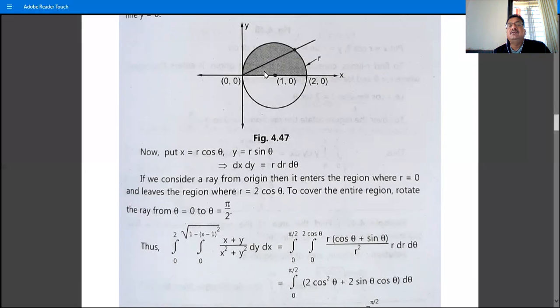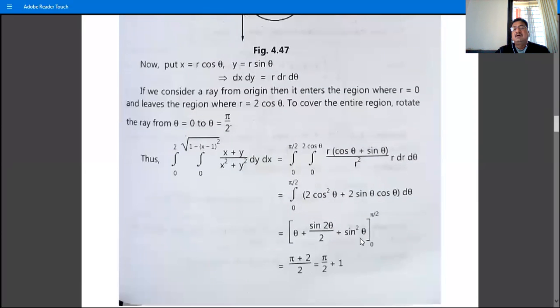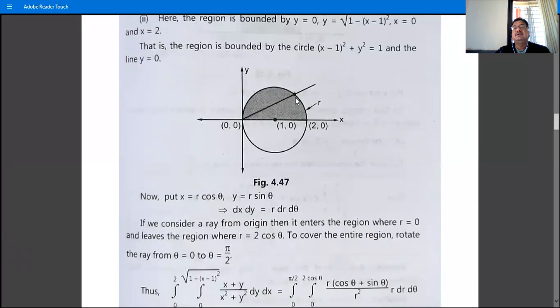In order to cover the region, we have to move this ray from the x-axis to the y-axis, that is, in angle from 0 to pi by 2. So theta is 0 to pi by 2, and r runs from 0 to 2 cos theta, and along this ray, r is 0 and r is 2 cos theta.